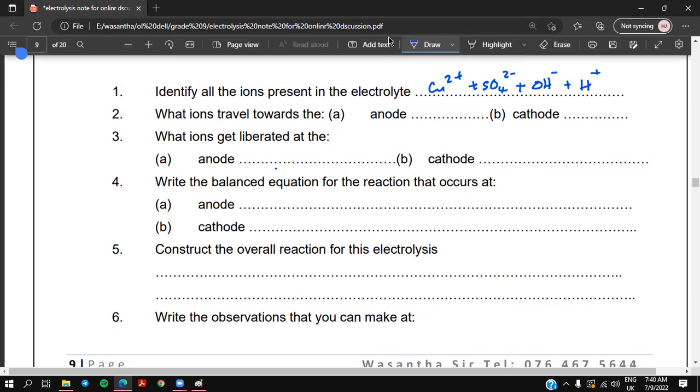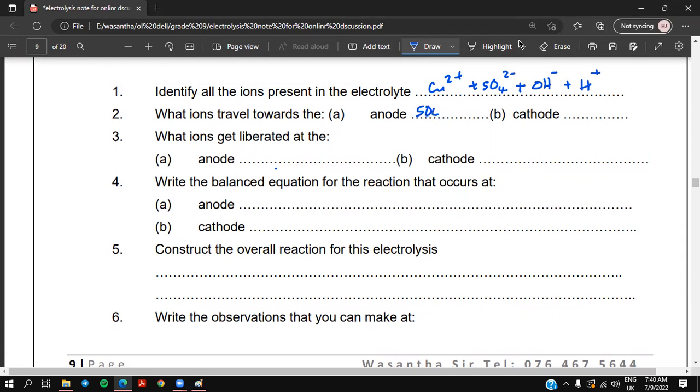What ions travel towards the anode? SO4 2- and OH-. To the cathode, H+ and Cu2+.